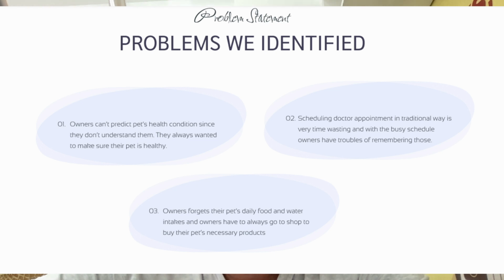And number three, owners forget their pets' daily food and water intake, and owners always have to go to the shop and buy their pets' necessary products. I kind of doubt whether this is a valid problem, but that's not the case here. Somehow they have identified these three different problems to solve with this application.